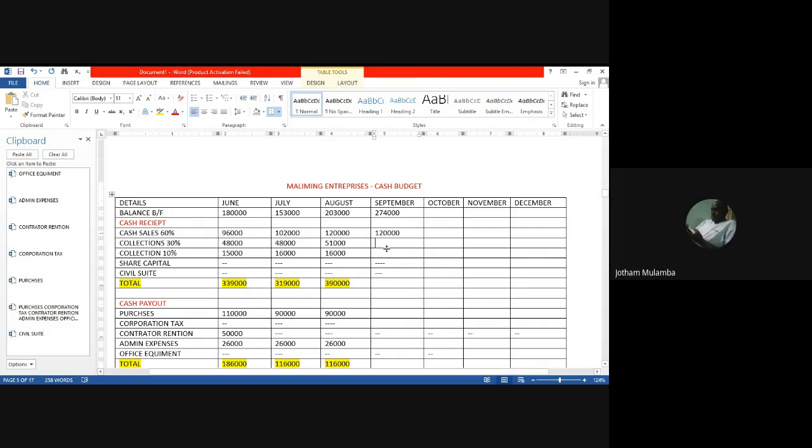Then we move on to 30%. So we'll collect 30% for sales in August. How much was sales in August? 200,000. So 30% of 200,000? 60,000.